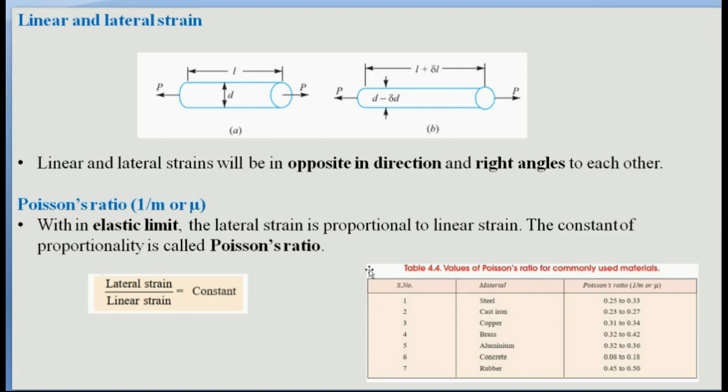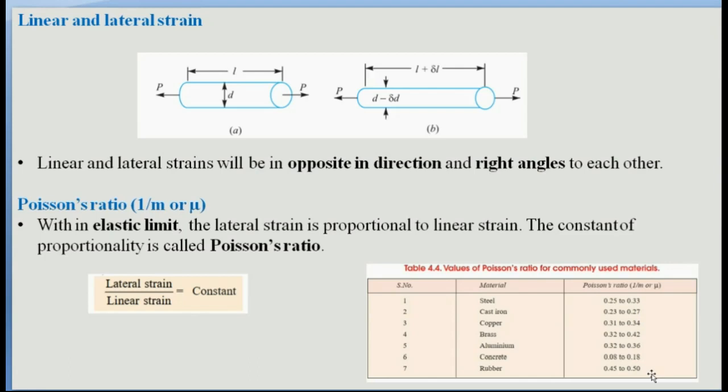The Poisson's ratio, as shown here in the table for different engineering materials, for steel is around 0.25 to 0.33. For cast iron it is from 0.22 to 0.27, and the maximum value of the Poisson's ratio is for rubber.